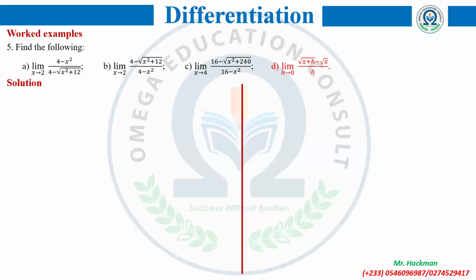So you are welcome back from your water break. Now let's look at our next set of questions. So what are we supposed to do? Question 5, find the following. You've been given limits, but like I said before the break, this time around you can see that the limit of your function is a rational function indirectly.